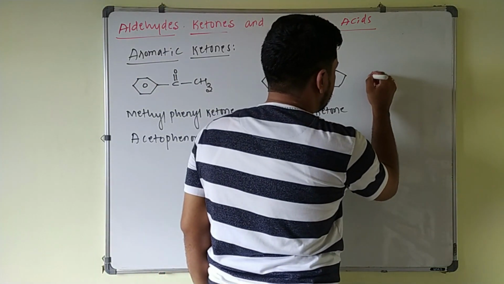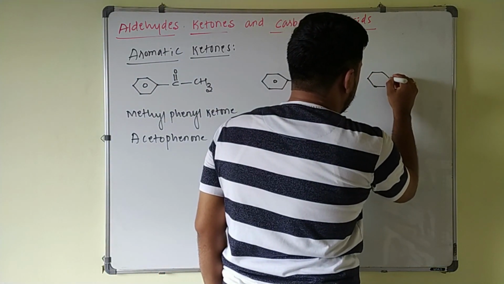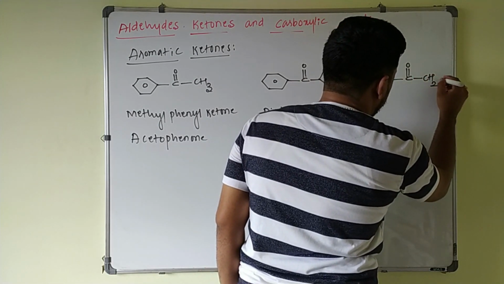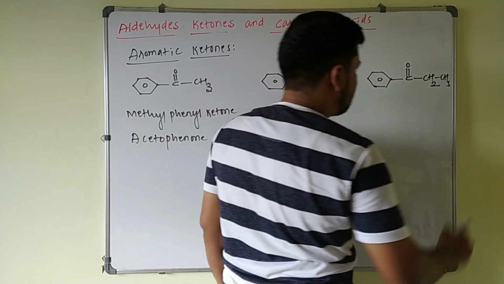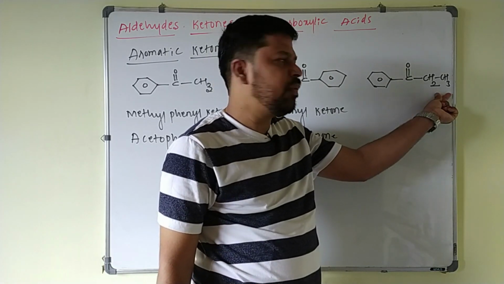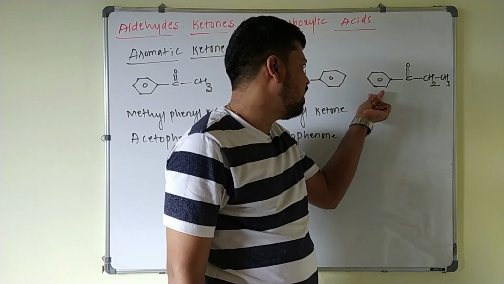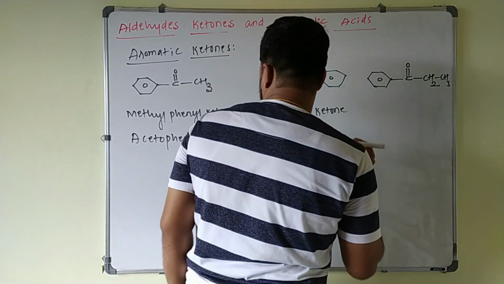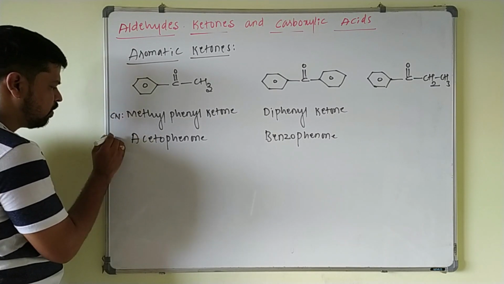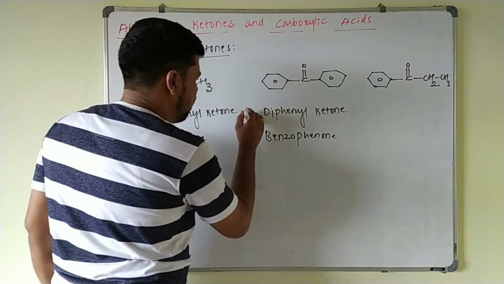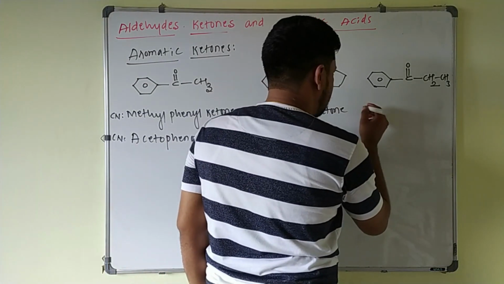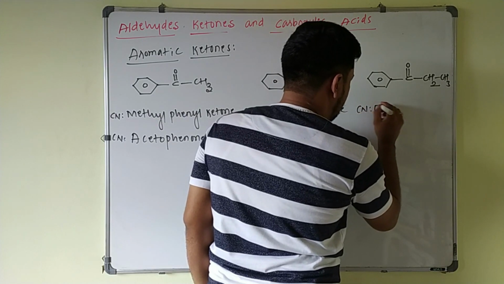Next example, suppose I take one benzene ring, this is a C double bond O, and on this side we attach one ethyl group. Which comes first in alphabetical order, ethyl or phenyl? Ethyl comes first, so it is called ethyl phenyl ketone. This is the common name. These are all common names only. If any IUPAC names are possible, we will write those, but here we write the common name.